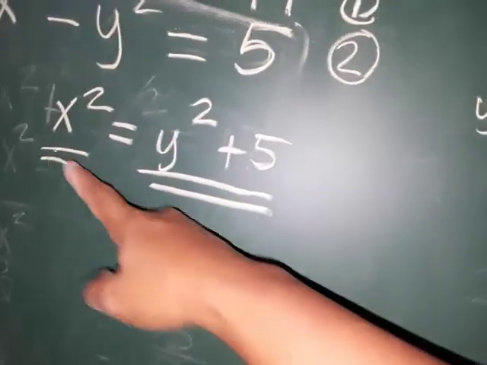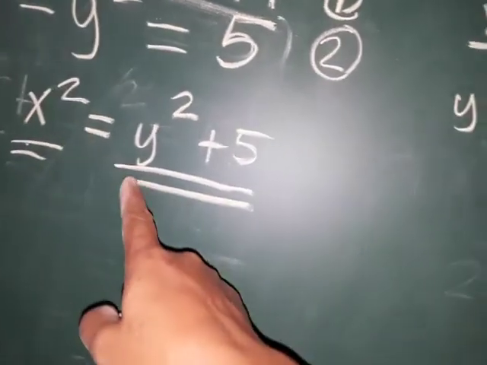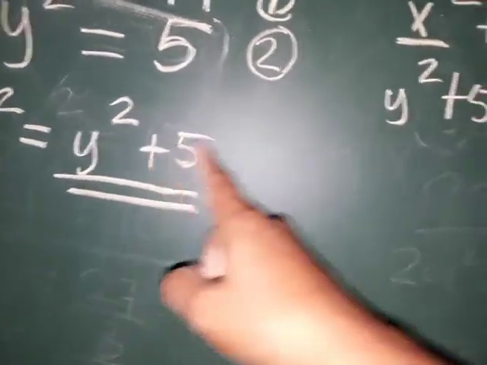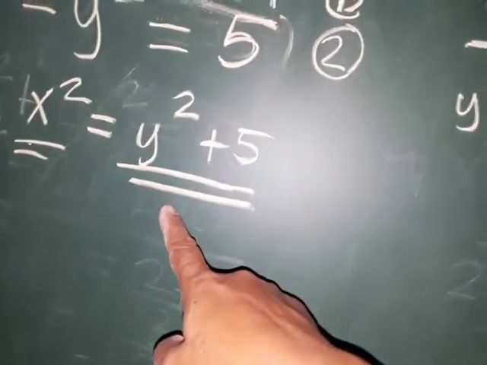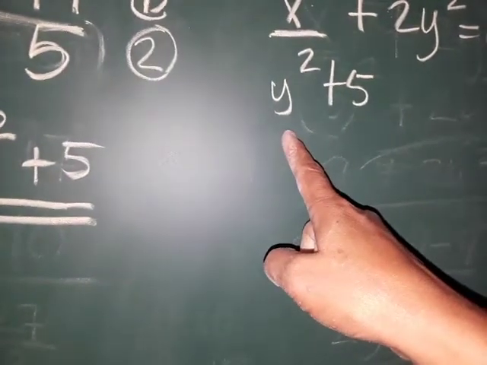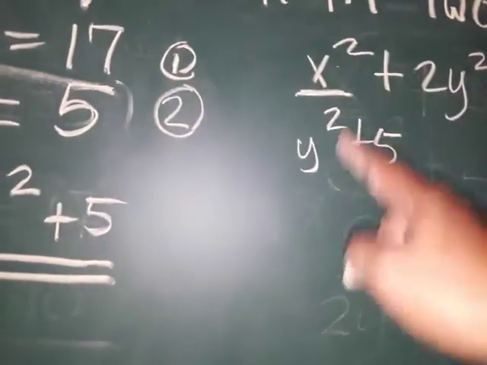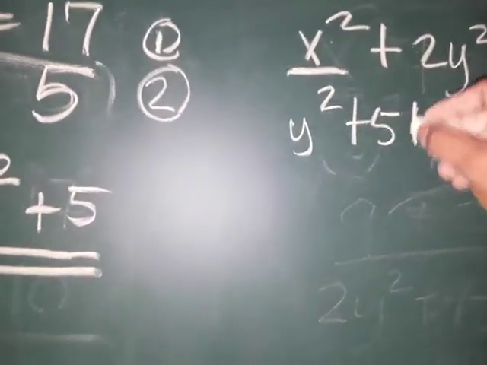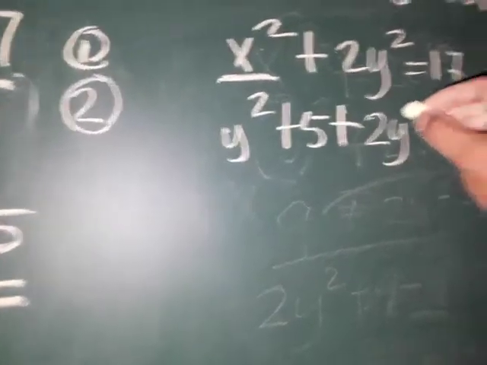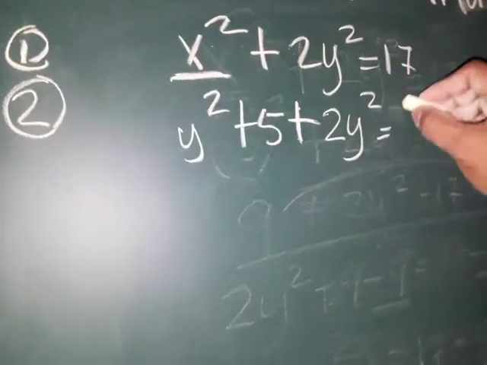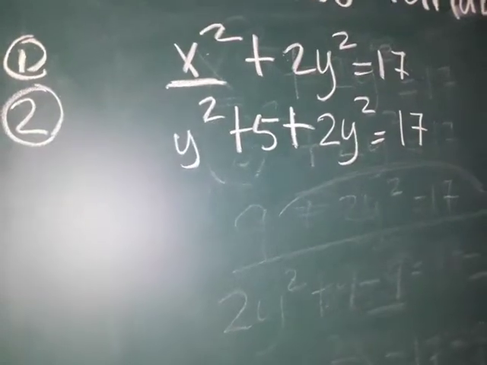Here it is. The value of x squared is y squared plus 5, so we replace the x squared here with this. The value is the same. Then bring down the sign, copy 2y squared is equal to 17.